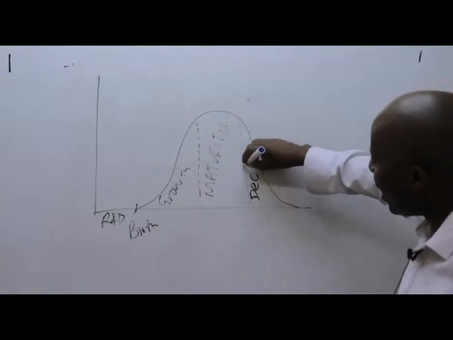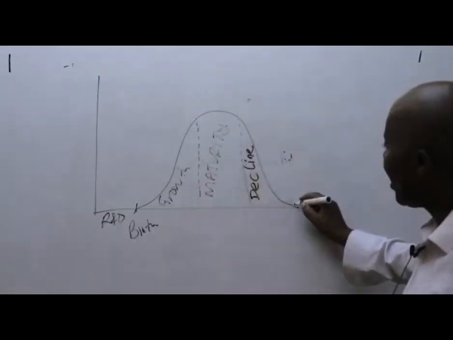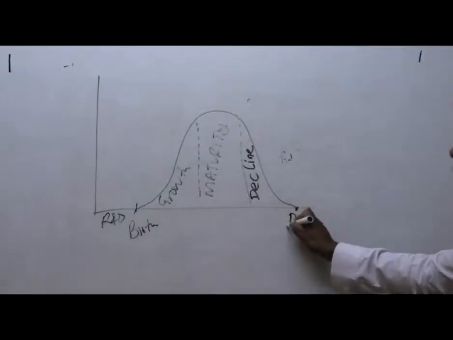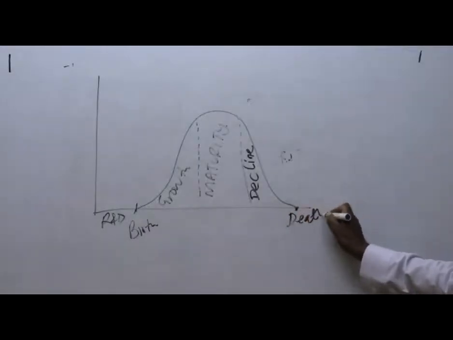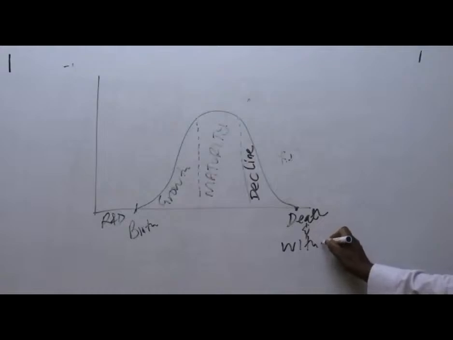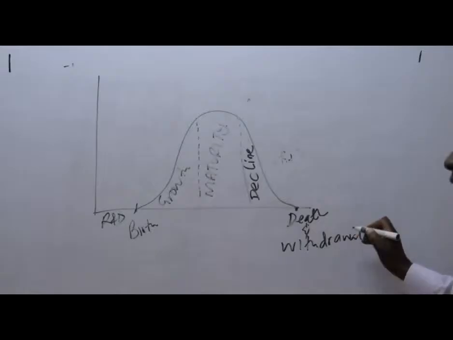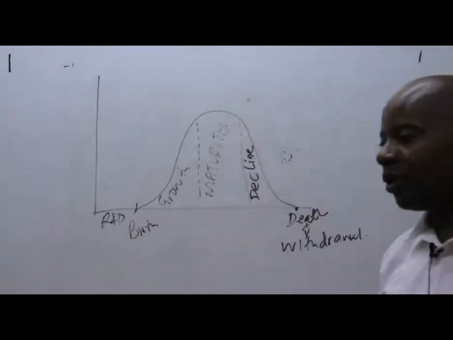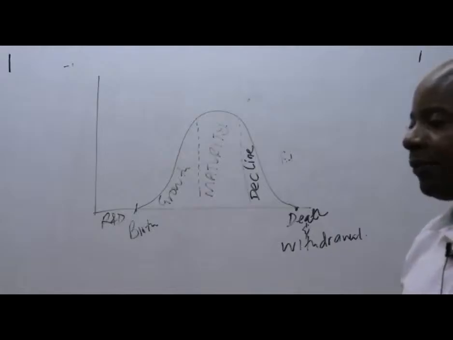We have decline, and then lastly, we have the death and withdrawal from the market. Please draw this very fast. Death and withdrawal from the market.